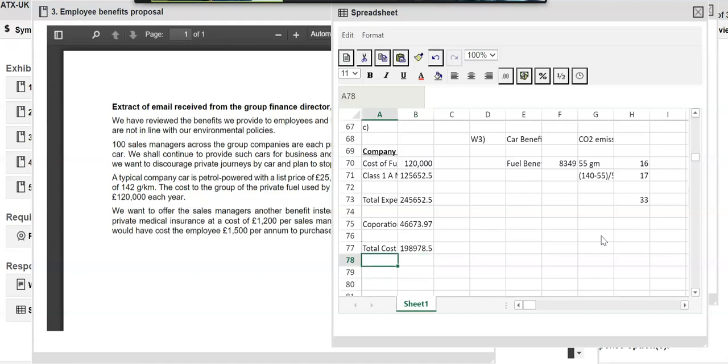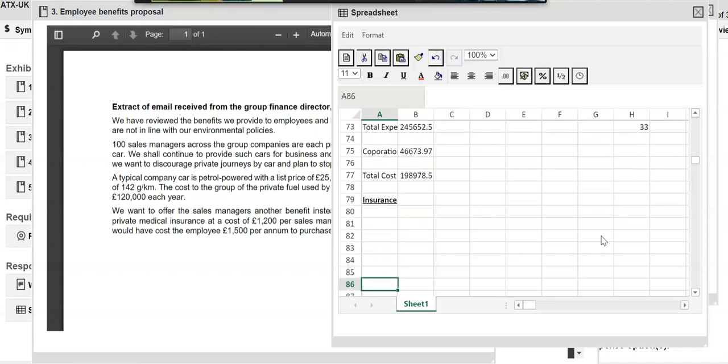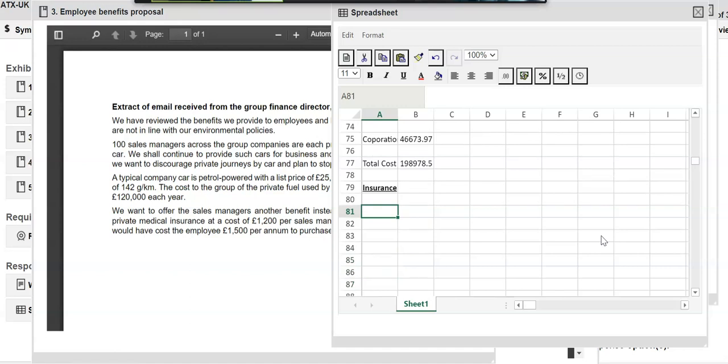Then this was fuel provided to employees. The other part was what? Insurance. So if we provide insurance, how much would that cost?